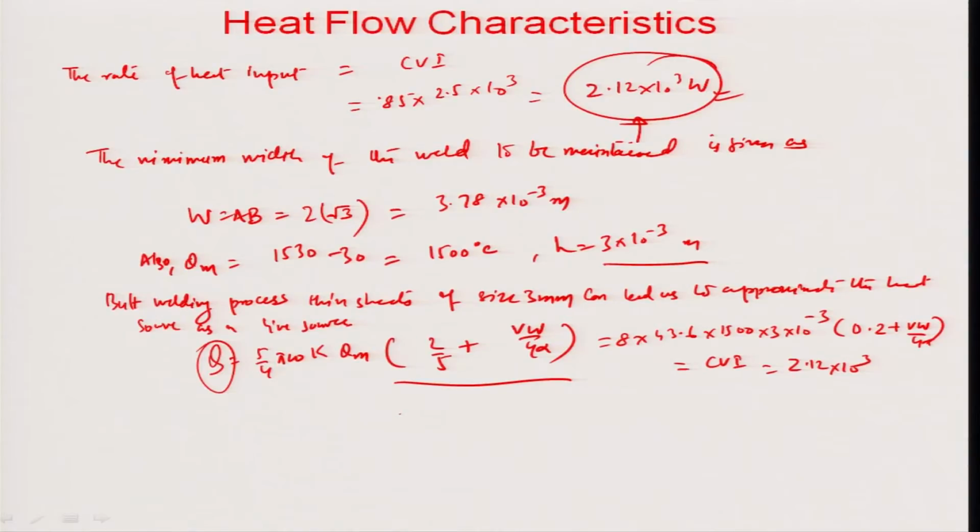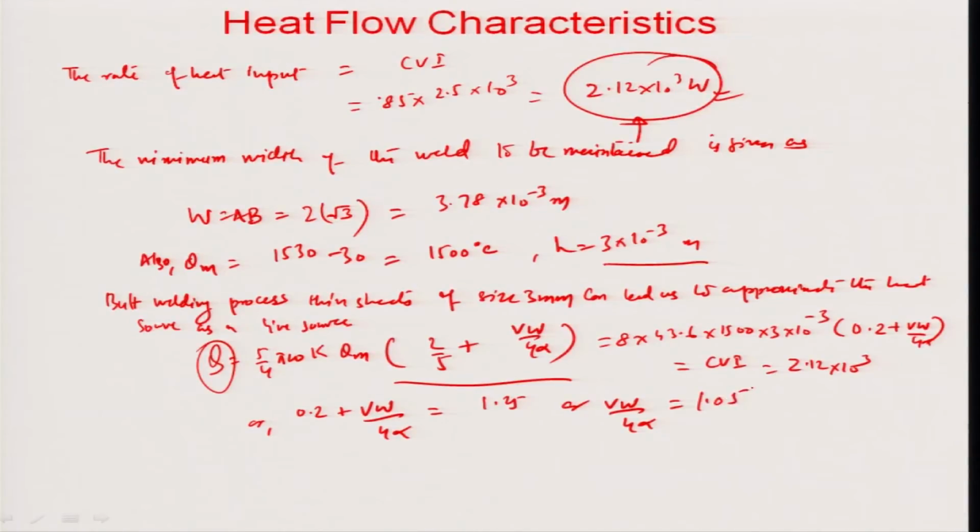So, obviously, the 0.2 plus V w by 4 alpha becomes equal to 1.25, or V w by 4 alpha becomes equal to 1.05. I am sorry, 1.05.